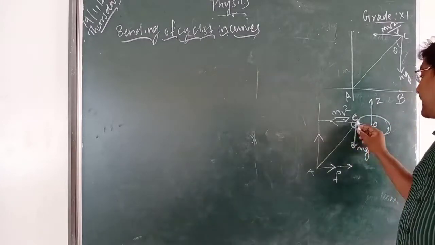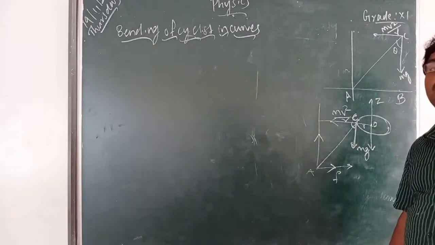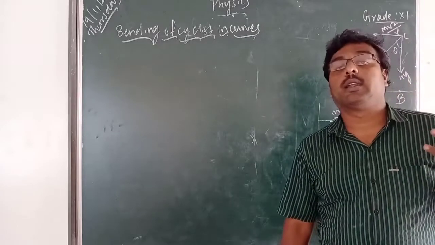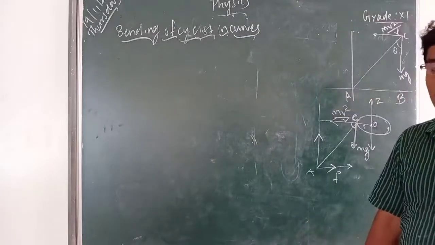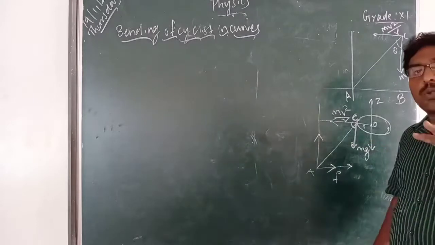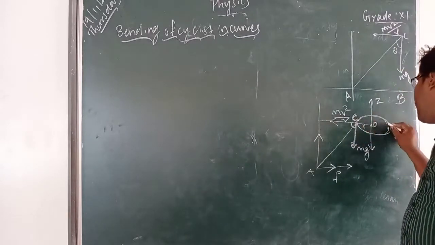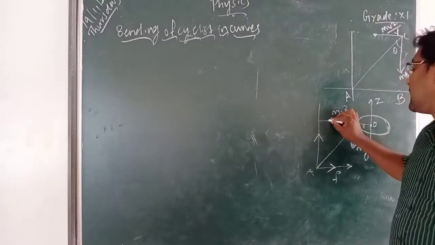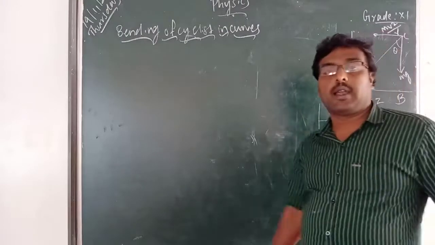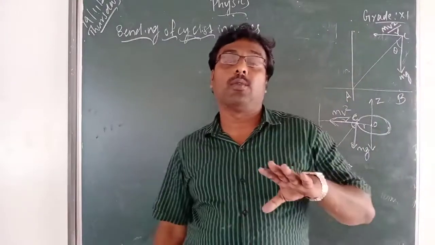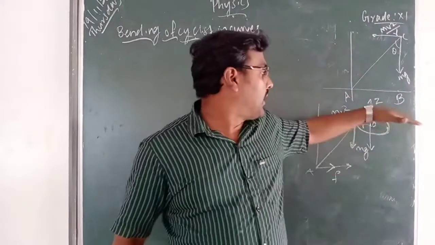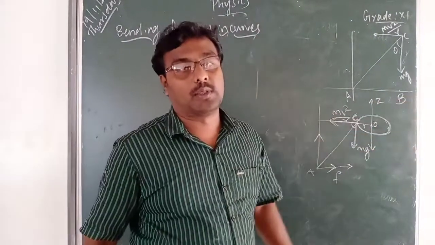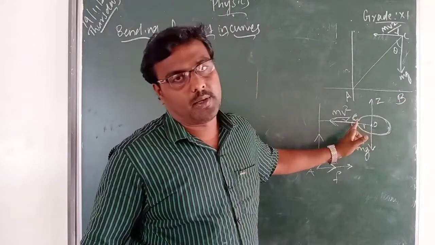The gravitational force acts downward. Here the gravitational force provides a centrifugal force, a pseudo force, mv square by r, which is acting as the center of gravity goes in circular motion.